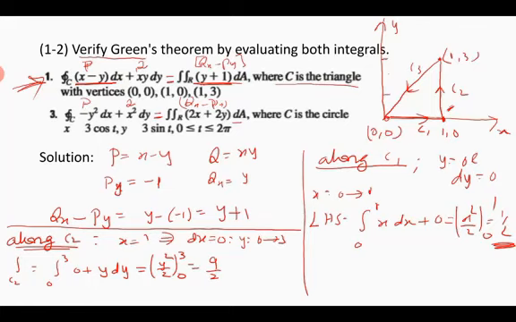For now third, along C3, what is given? You have to find the equation of the line joining the points 0, 0 and 1, 3. So first answer is half, second answer is 9 over 2. You remember this one. Now we will do C3.